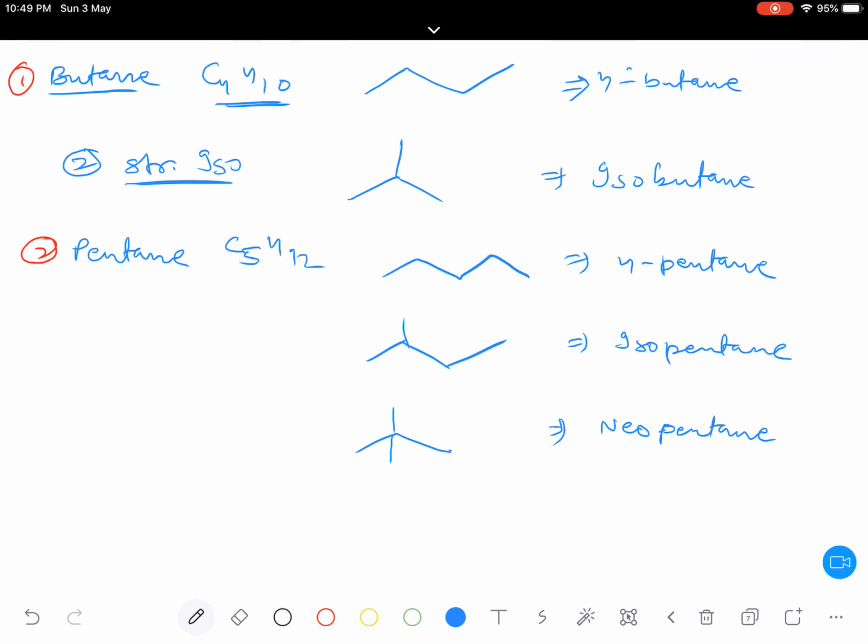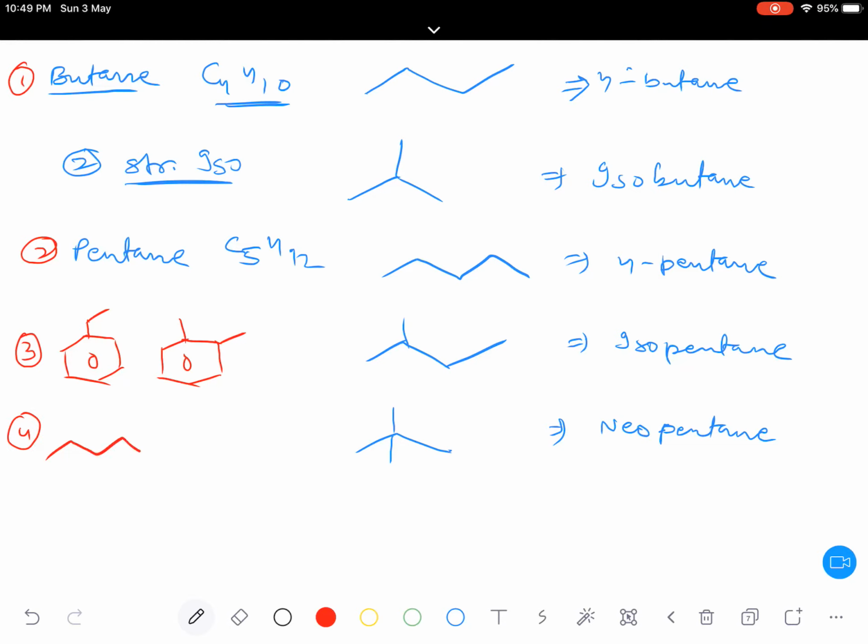Now let's say I'll give you one or two questions here. Question number 3, I write these two, whether they are chain isomers or not.